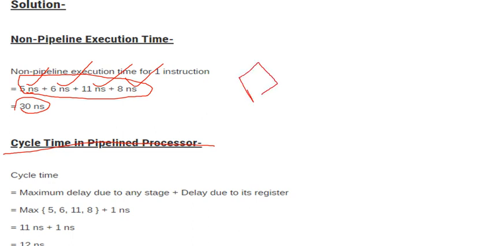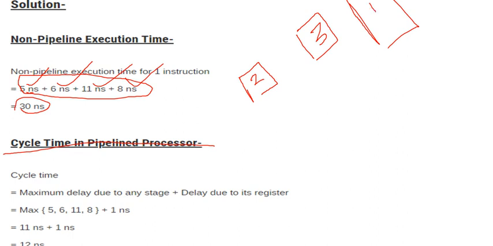For example, let's take an example. If we are having these three stages, and this stage is requiring 2 units of time, then this 3 units of time, and this 1 unit of time.